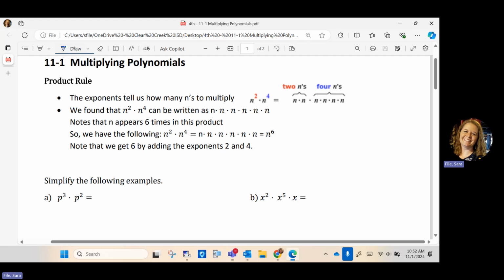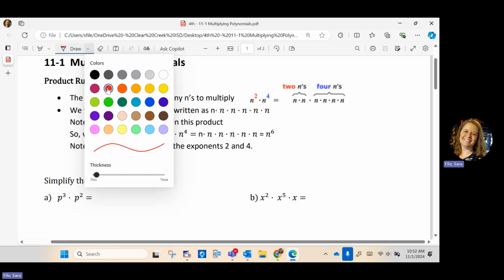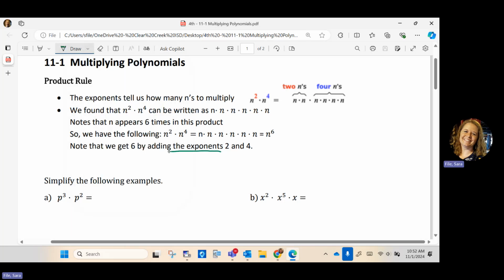So the shortcut to not have to write those out each time is to remember that when you multiply like bases, you're actually adding the exponents. If you want to write this out to the side, I'll call it a.